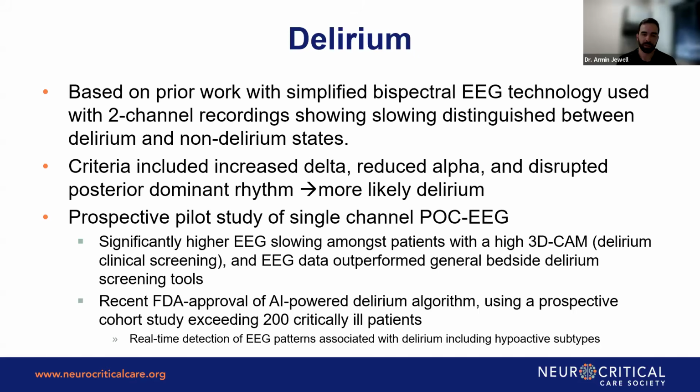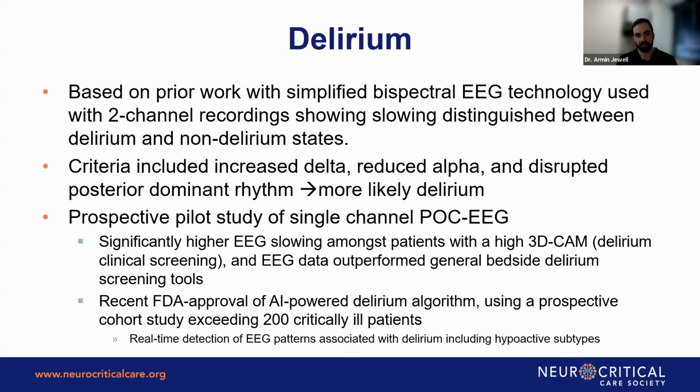The criteria from an EEG standpoint had basically further slowing on an EEG, so more delta, reduced alpha, disrupted posterior dominant rhythm, and other things including the AP gradient being lost, lack of reactivity, things like that, ended up showing up as more likely delirium.